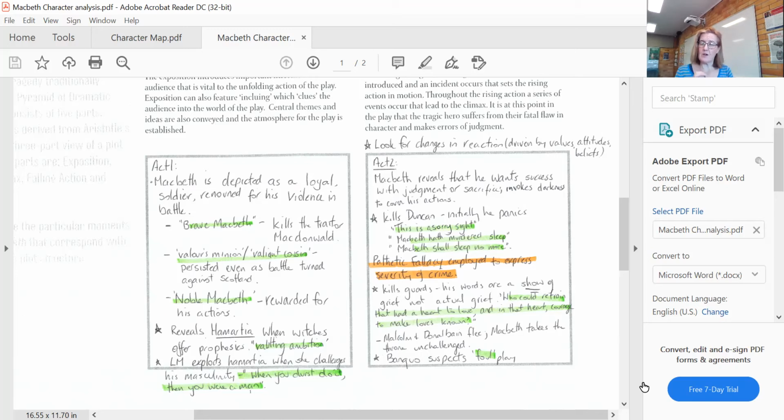Macbeth is driven by a desire to succeed without necessarily doing the hard work or facing the judgment that others would give him based on what he chooses to do to succeed. Okay, so he wants the prize without the hard work. So it's important that we see that identified in Act 1, because that's going to drive the whole rest of the play.